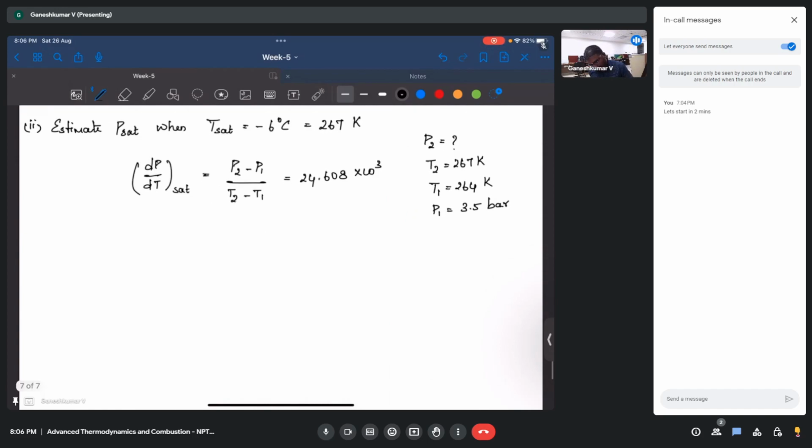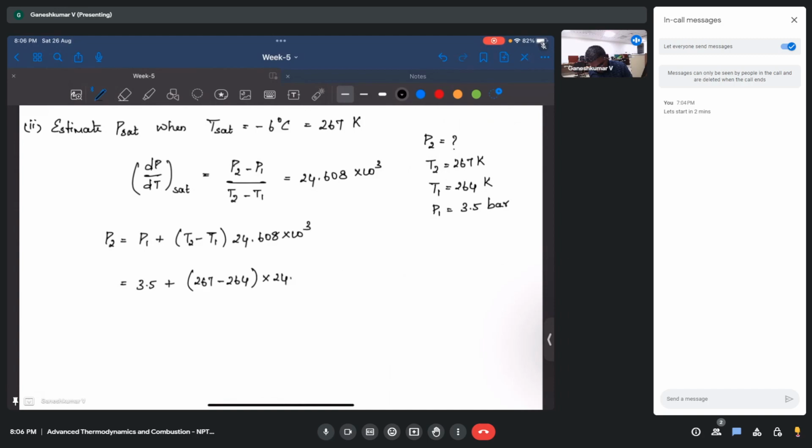Coming back to this question, we need to find P2. P2 is equal to P1 plus, I'm just rearranging the equation, 24.608 into 10 power 3 times (T2 minus T1). P1 is 3.5 bar, and T2 minus T1 is 267 minus 264, basically 3 Kelvin.